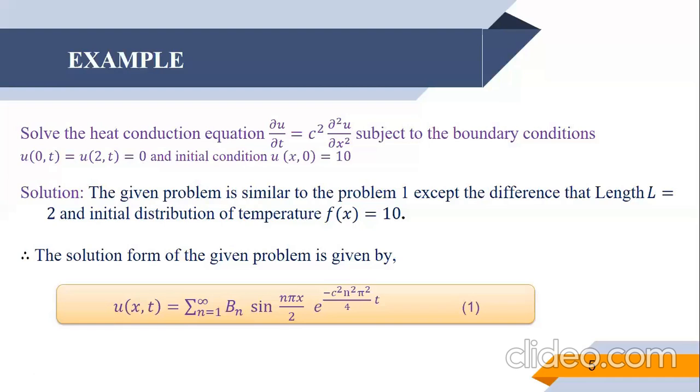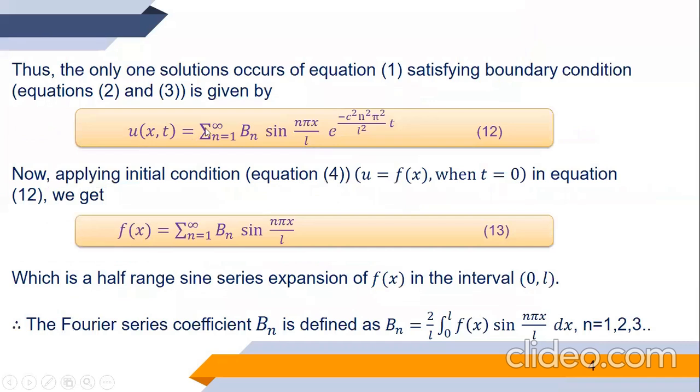So we use the solution of the one dimensional heat equation of problem 1, which is given by u(x,t). That means we consider this as the solution of problem 1.